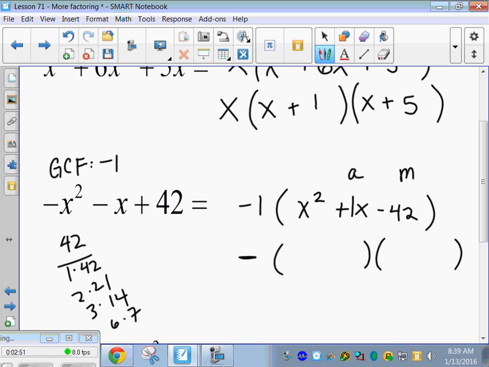Which of those add or subtract to 1? 6 times 7. They need to add to a +1, though. Which one of these is negative? Good. So we need x minus 6 and x plus 7. That way they multiply to a -42 and add to a +1.